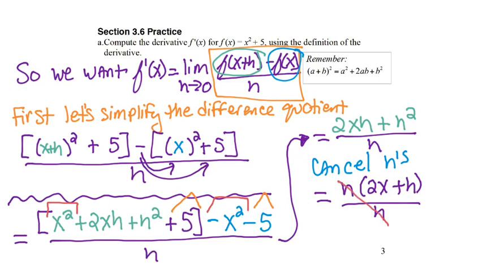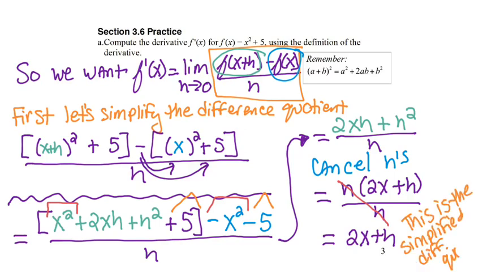So now I can go ahead and cancel h's, and I'm left with 2x plus h, and this is the simplified difference quotient. So quite a few steps. I'm not done because I still need to take the limit of this, but I finished one of my major goals.